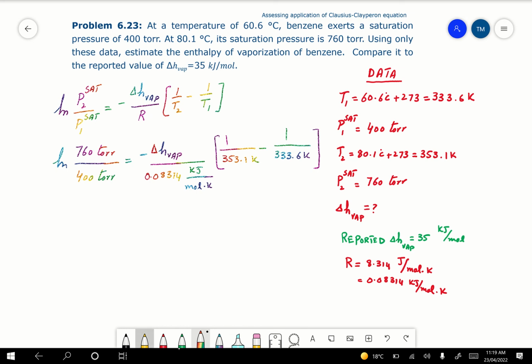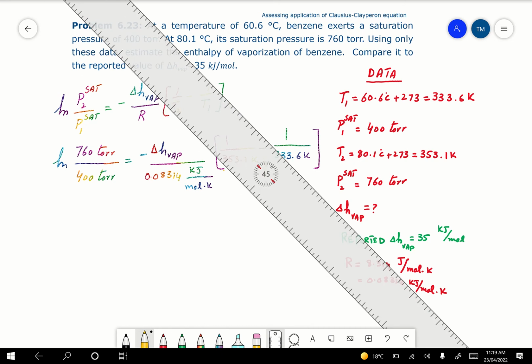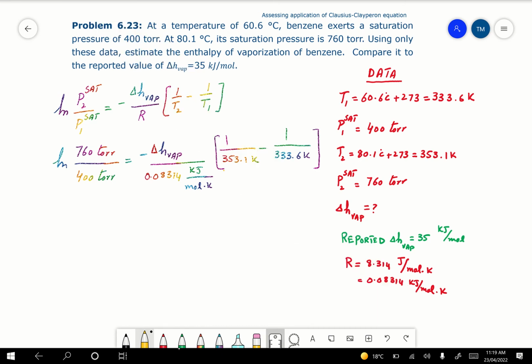Now if you can see this, Kelvin here is cancelled with these two Kelvins, and torr is cancelled with torr. So as a result, we will get the answer in kilojoules.